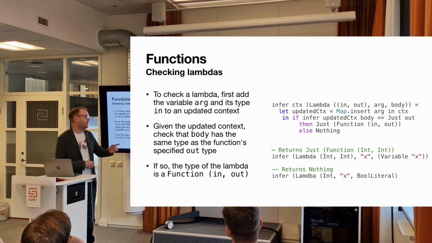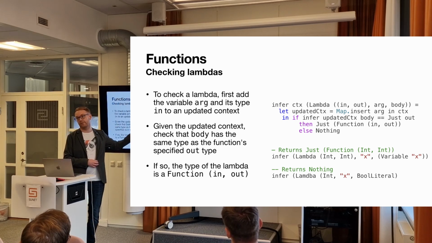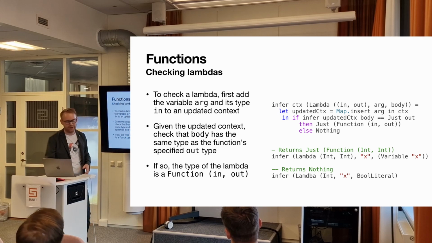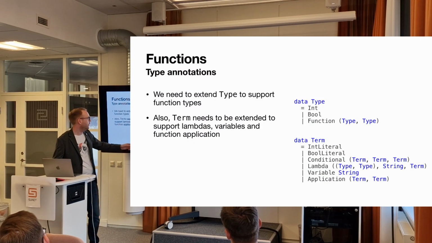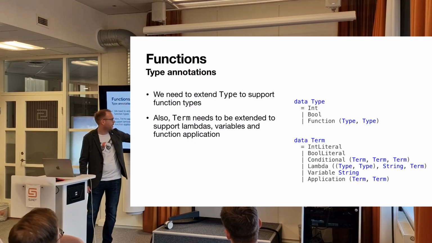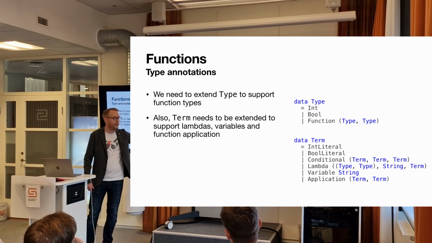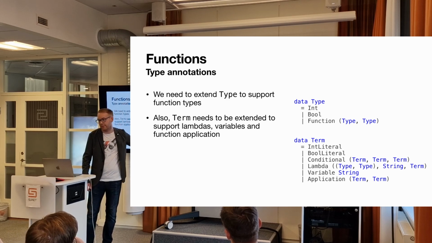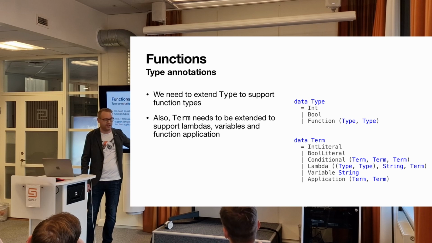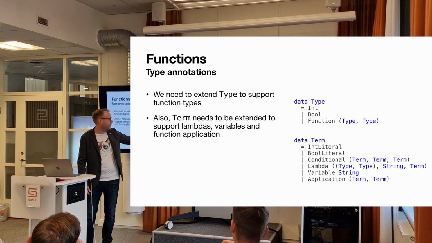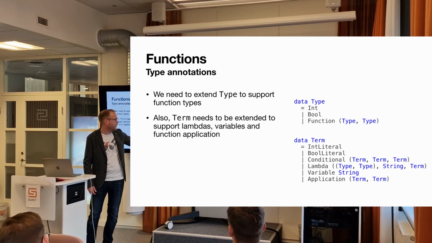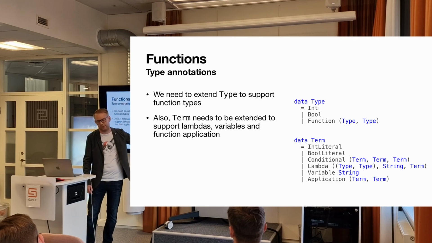So we start by adding the argument variable and its type. And we know the type already because, as you can see here, the lambda stores the input and output type in its term type. So if you have a lambda, we know the input and the output type.